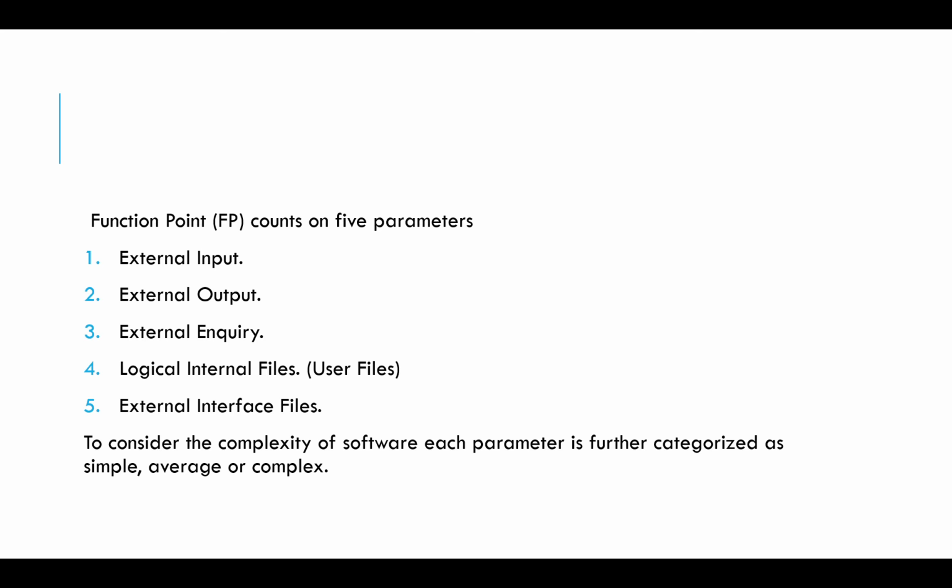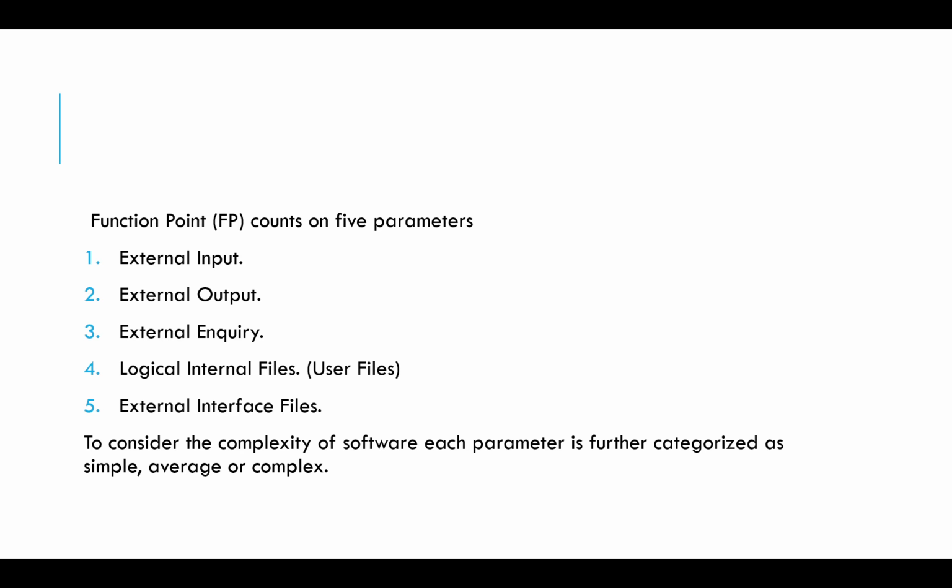The fourth one is logical internal files. These are the user files or data stored and maintained within the system. For example, customer database or employee records. These are just the internal files of the software or the product. Next and the last, external interface files. These are the data files shared or used by another system.